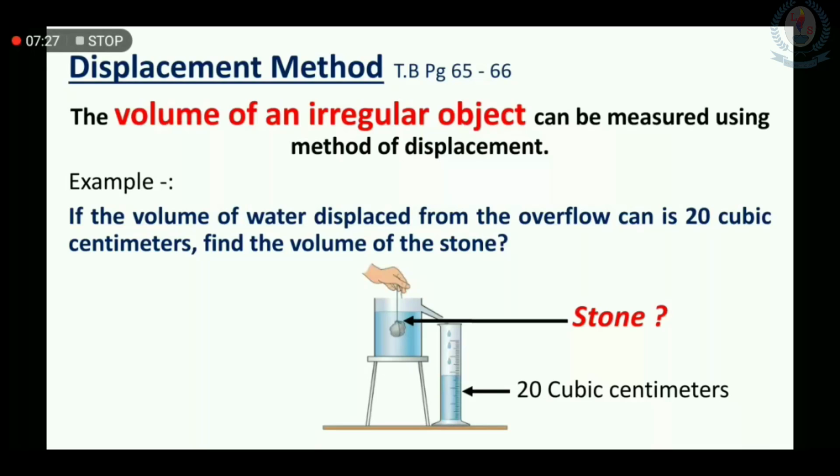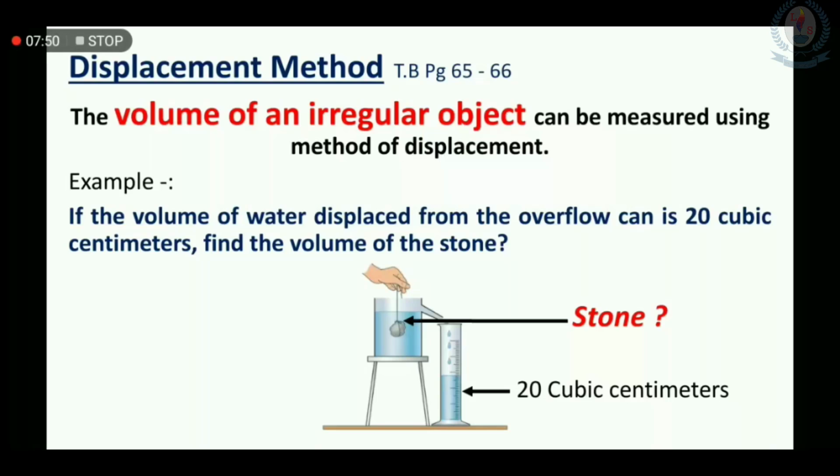Of course, remember, the displacement method is conducted to find the volume of objects which are irregular in their shape. What do you mean by irregular, children? No proper shape. The objects which do not have a proper shape.